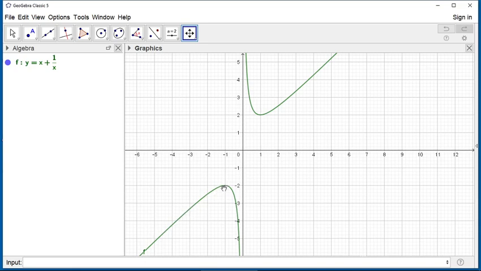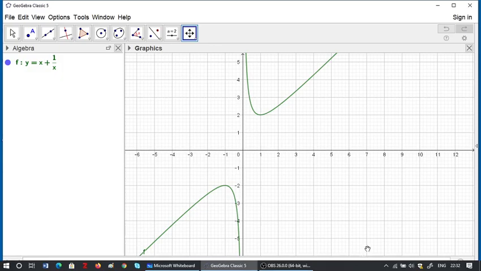Then minus 1 to 0, this is decreasing. Similarly, 0 to 1, it is also decreasing. From 1 to positive infinity, it is increasing. So if we find the graph in this way, we can find the increasing or decreasing of the function. Graphically also we can check whether it is true or false.